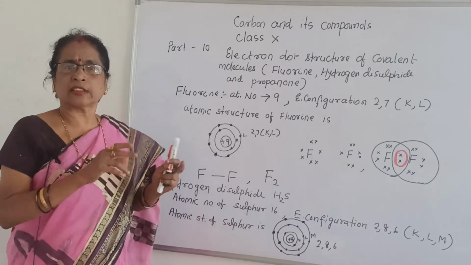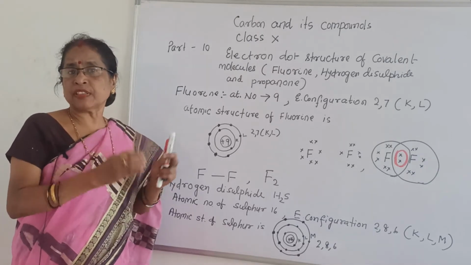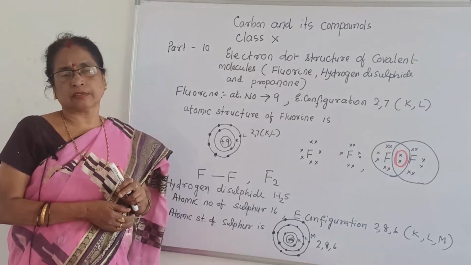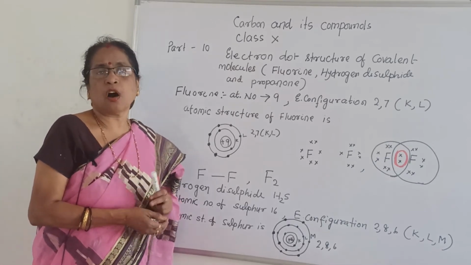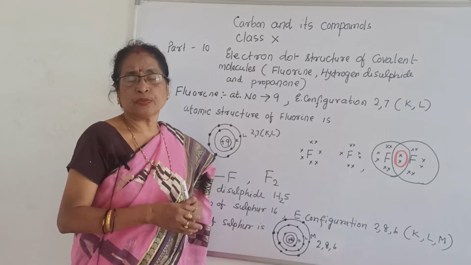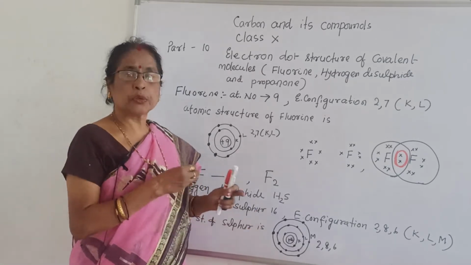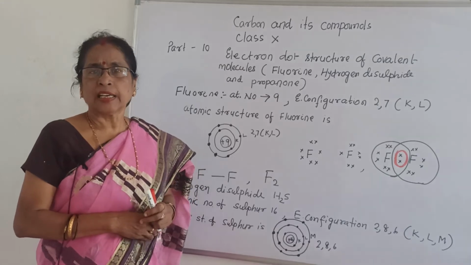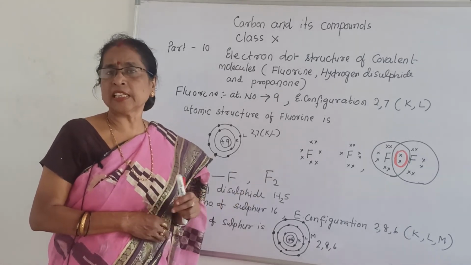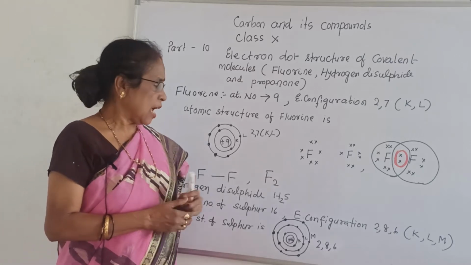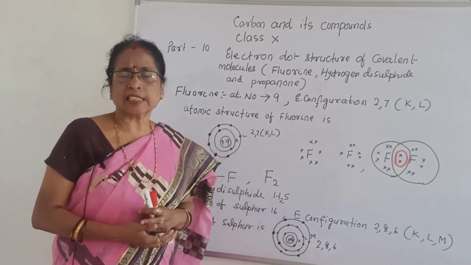Outer cell 6 electrons, that is also correct. So there is a deficiency of 2 electrons to attain the octet configuration, or you can say inert gas configuration. Argon is 18, so here 2 electrons are less to attain the inert gas configuration, because there are only 16 electrons in the atomic structure and the outer cell has only 6 electrons.